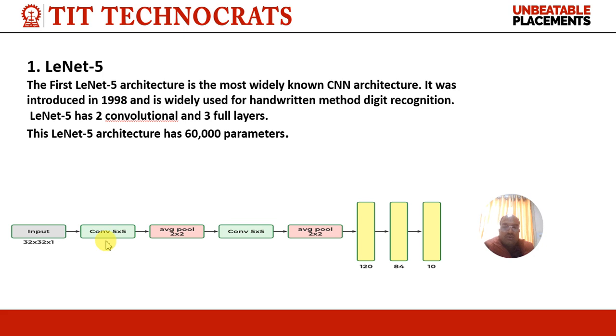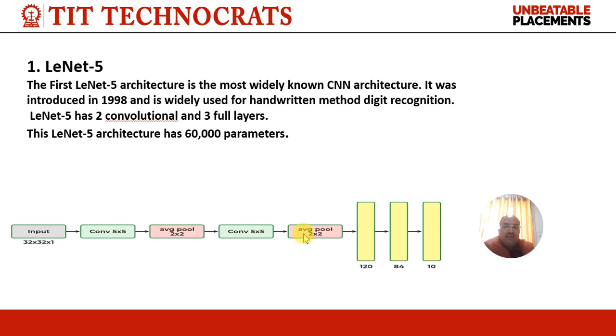So these are the convolutional layers. After the convolutional operation, we apply average pooling. So after the first convolutional layer, and then the second convolutional layer.